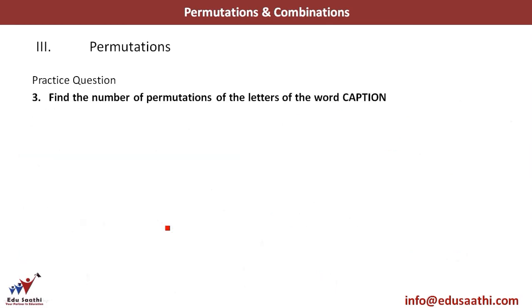Find the number of permutations of the letters of the word caption. Now I believe this is simple. This is a similar question. I have caption. How many letters do I have? 1, 2, 3, 4, 5, 6 and 7. So I have 7 letters and all of them have to be arranged.